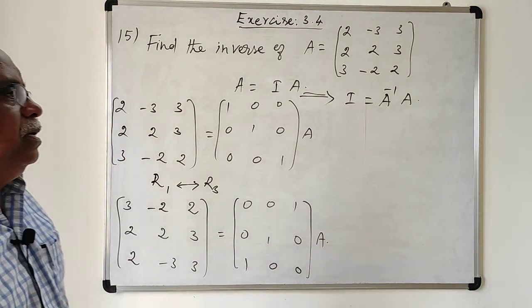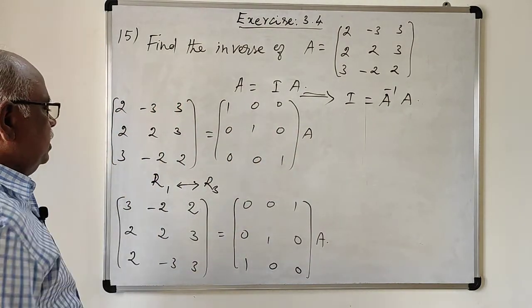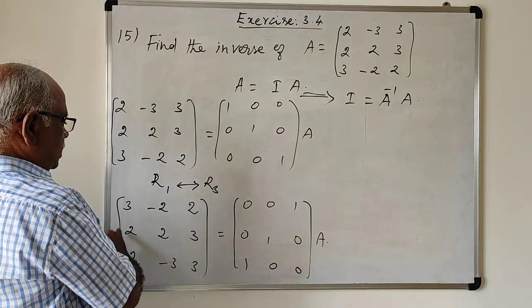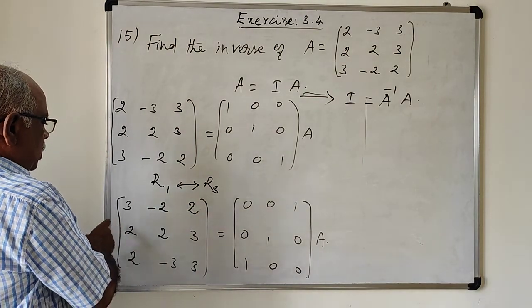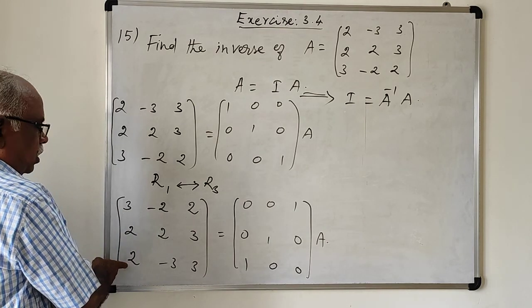It's a lengthy one. The board is very small, therefore I am erasing the previous step and continuing the problem. See, this is the first operation, interchanging R1 and R3. Next, we subtract R1 elements from R2 and write it in R1.